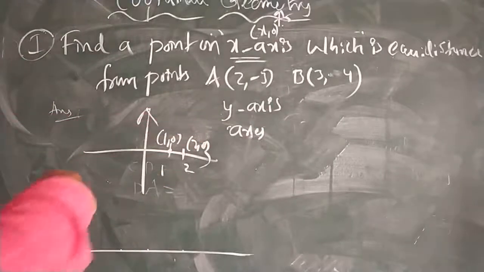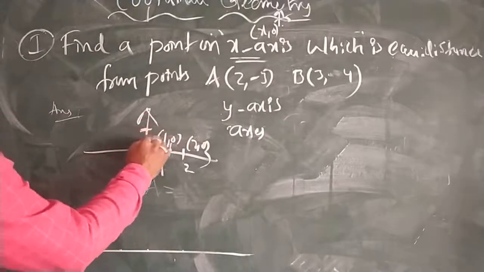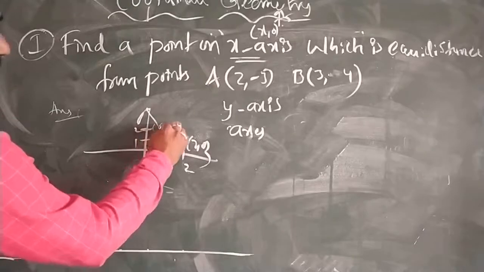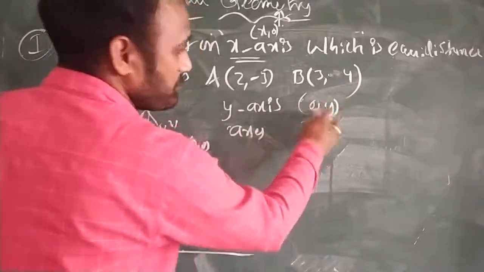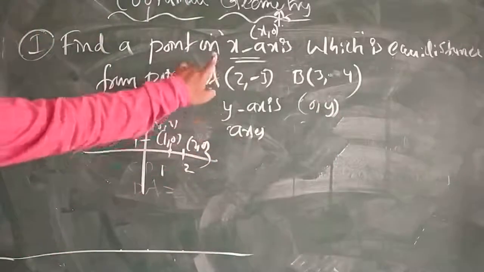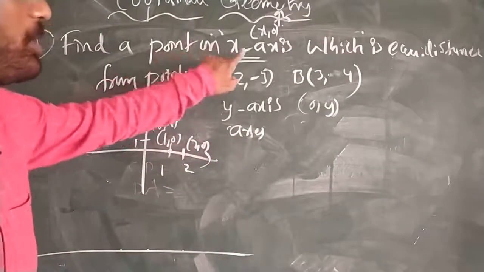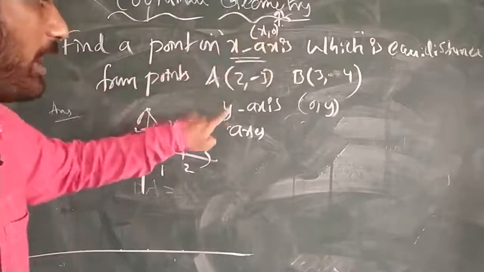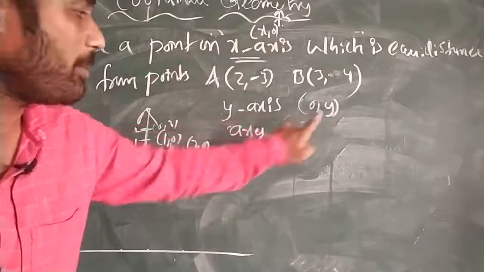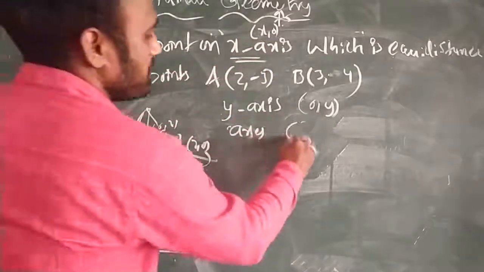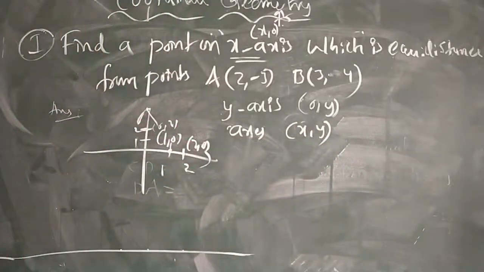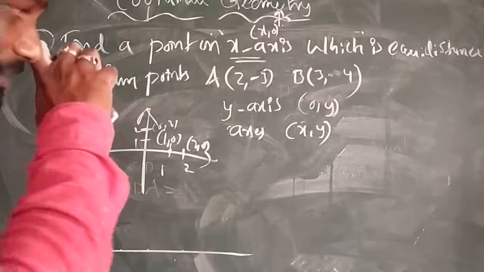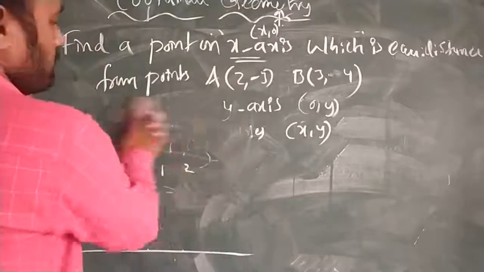Similarly, every point on the y-axis, if it is (1, 2), we will represent it as (0, 2). Every point on the y-axis will be in the form (0, y). So we have to remember these things. Every point on the x-axis will be (x, 0). Every point on the y-axis will be (0, y). On an axis in general, it will be (x, y).